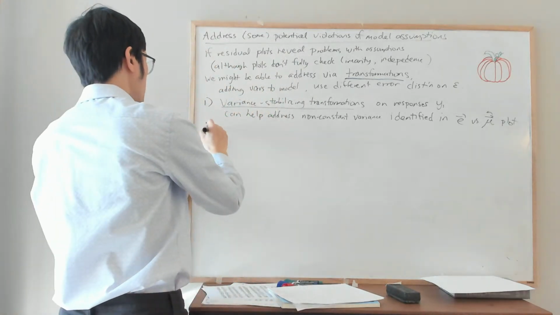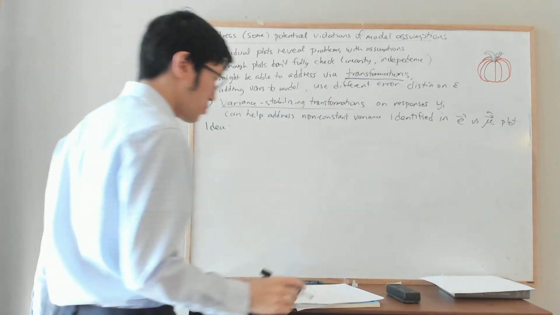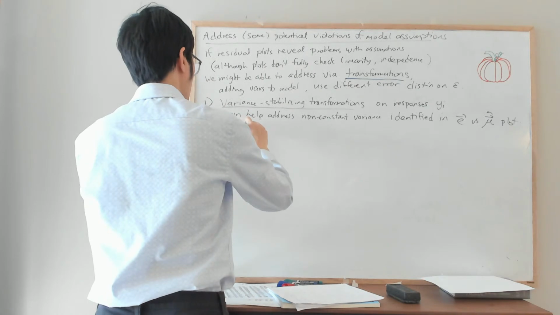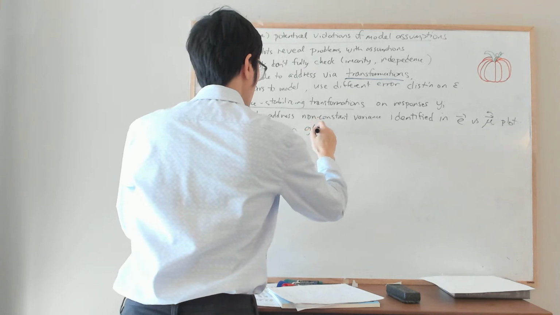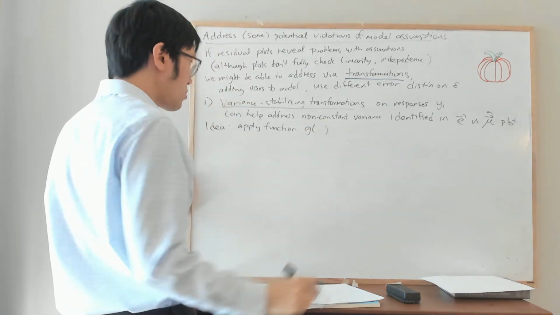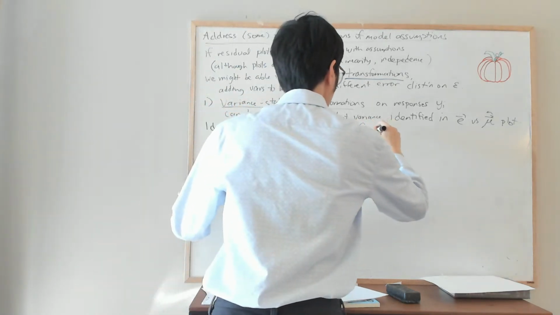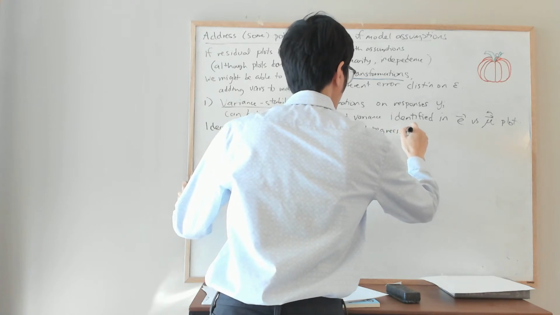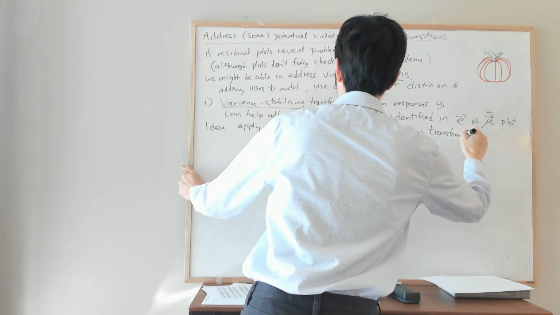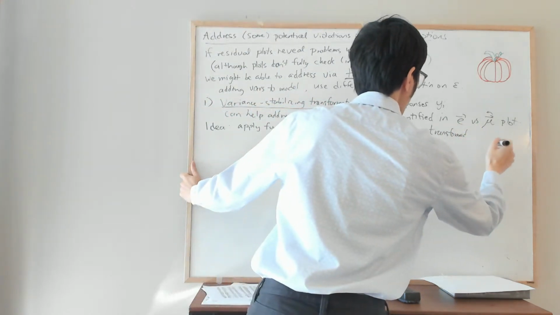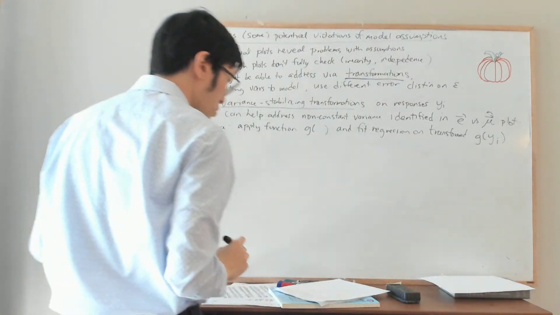Okay, so the key idea is we apply a function, let's call it g, and we transform the data before fitting the regression model. So we fit the regression on the transformed data, g(yi).